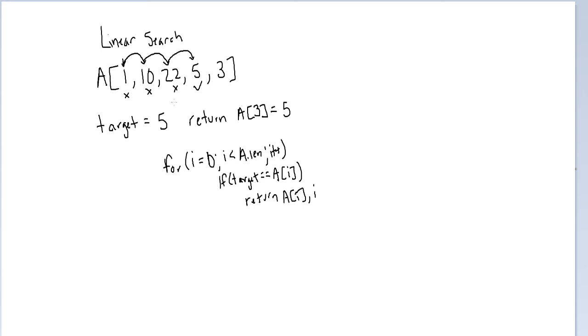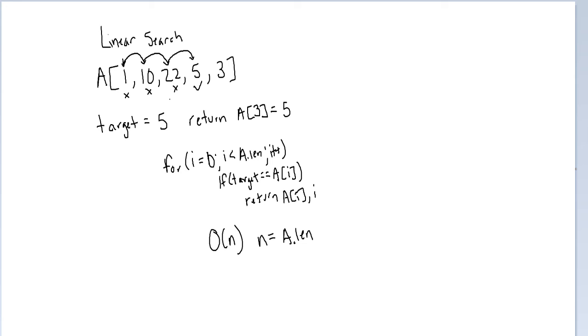It is an okay algorithm. It's not the best to use. If you have a small array like this or a small text file or database, a linear search is just fine, because it runs at a worst case runtime of n, where n is equal to a dot length, whatever the size of the array is.